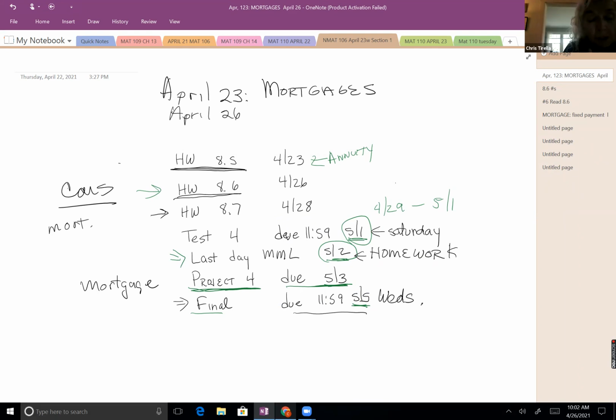That annuity homework was due on Friday. The homework on cars is due today. The mortgage, let me double check that now. I'm questioning myself. The homework on cars, yeah, is due today.